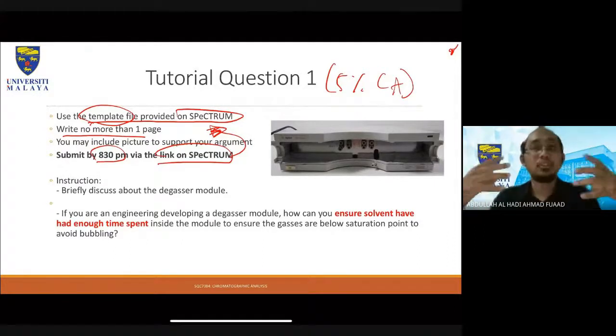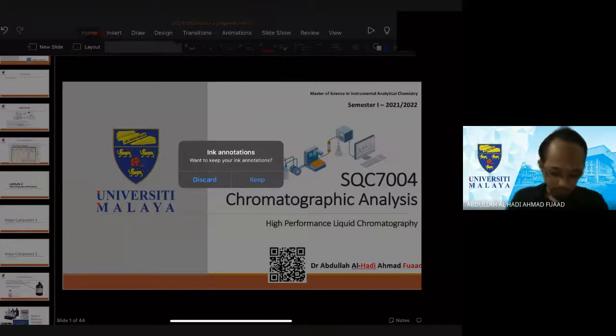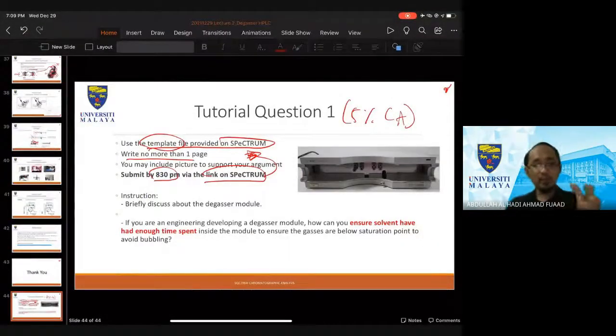So one is focused on the degasser module, and the second is on how you ensure the solvent has enough time. You definitely need to answer this.